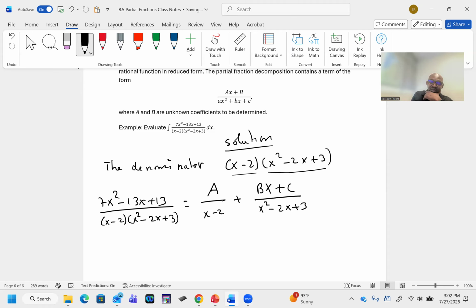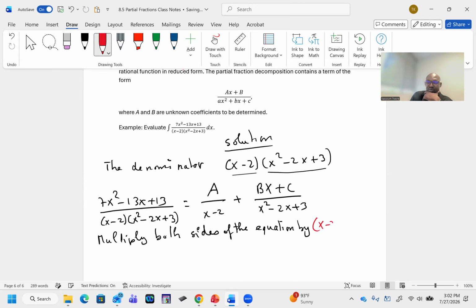Same thing now. We are going to multiply both sides of the equation by the common denominator, which is what? x minus 2 times x squared minus 2x plus 3.